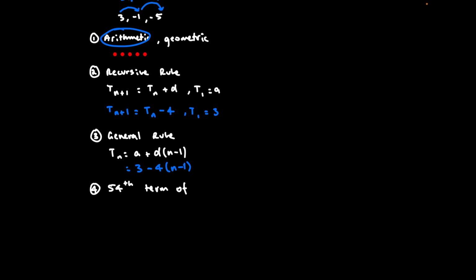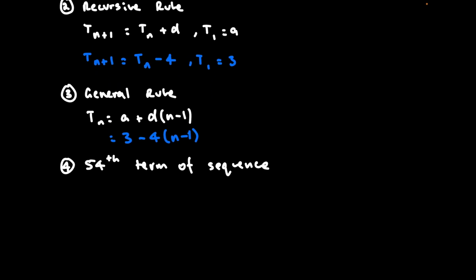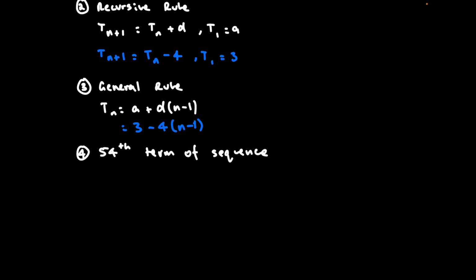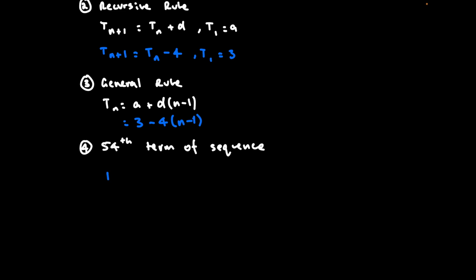of the sequence? Okay, are we going to use the recursive rule in this case, or are we going to use the general rule? If you said recursive rule, please rewind to why I said we don't. But if you said general rule, good job. Let's continue on with the general rule. So T54 is the same as 3 minus 4 times n, which is just 54 minus 1, which is the same as 3 minus 4 times 53.